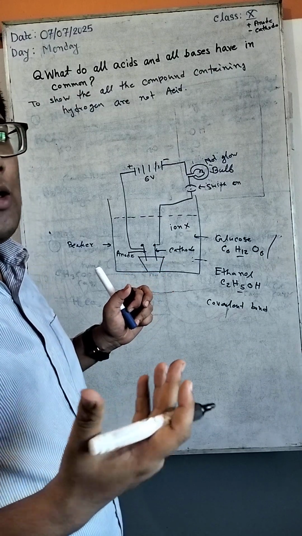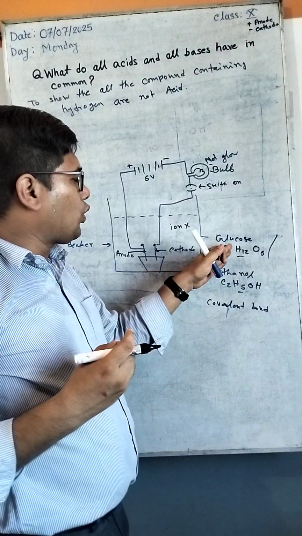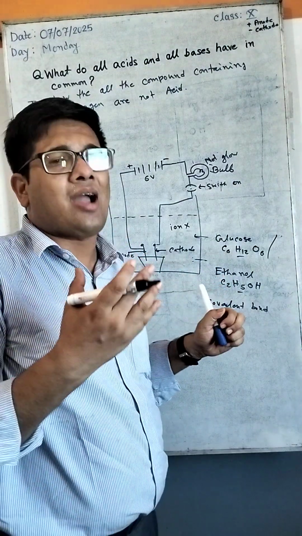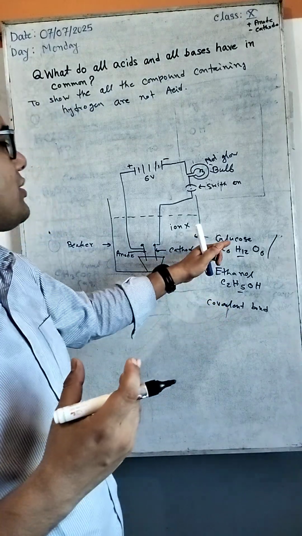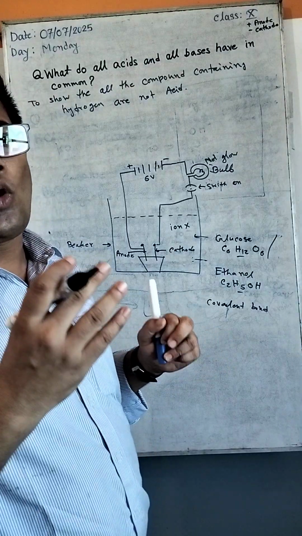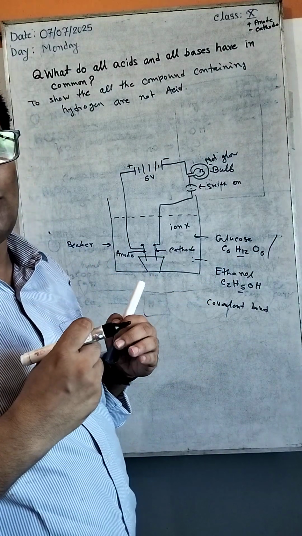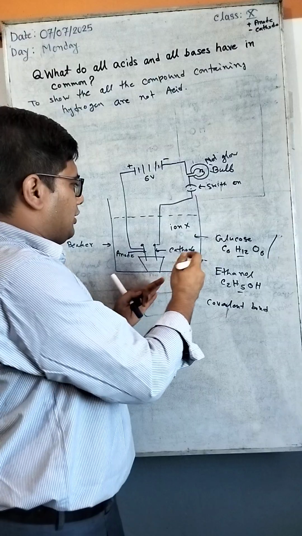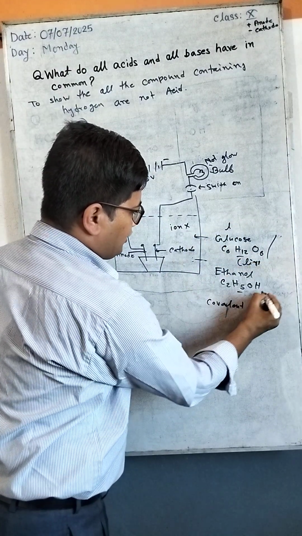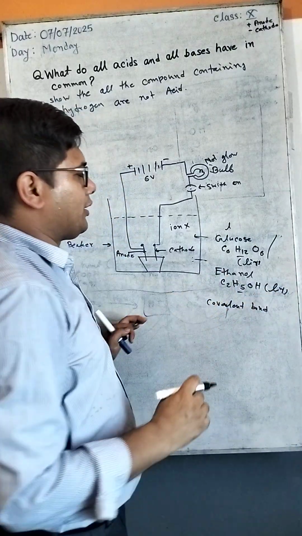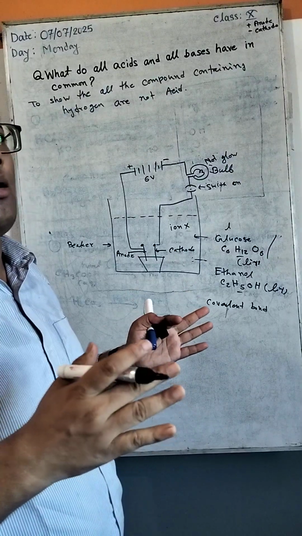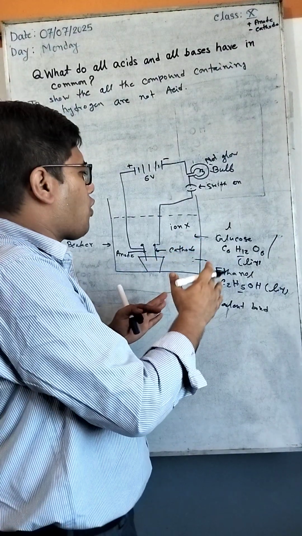Sometimes the question comes: why do glucose and ethanol, having hydrogens, not conduct electricity? Answer is that they have hydrogens, but there is a strong covalent bond. When dissolved in water, they cannot dissociate hydrogen ions. That's why they cannot conduct electricity.